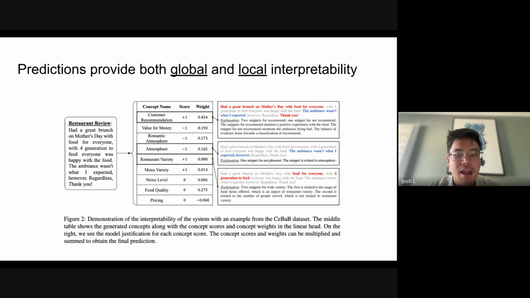So each time you have a negative atmosphere, you're guaranteed that reduces the 5-star quality by 0.165. And each time you have good value for money, you increase the score by 0.2. So if we were to load all of these concepts into context, you're not necessarily guaranteed that the way those concepts are weighed across each inference will be the same.